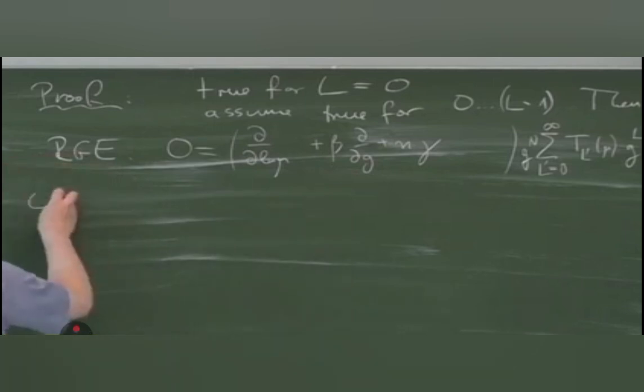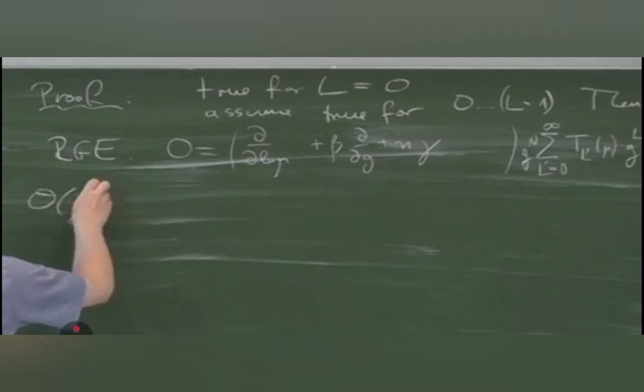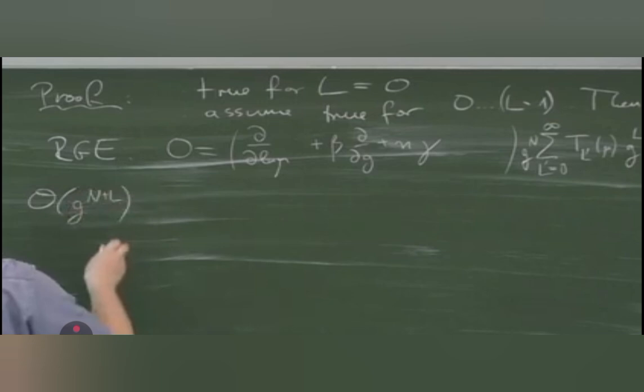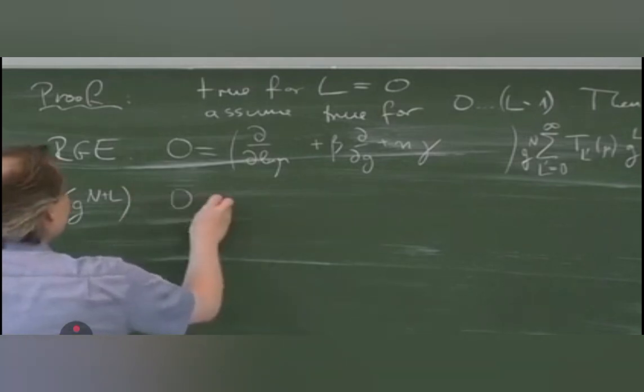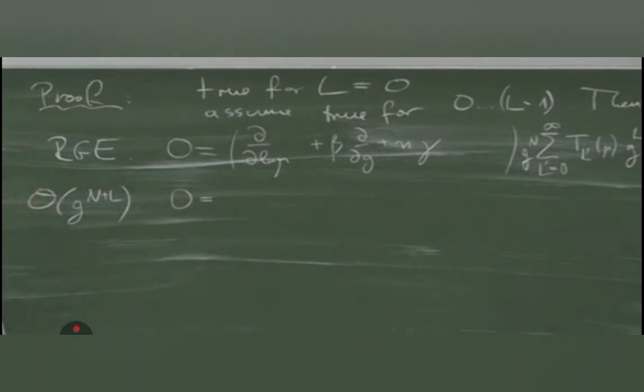So simply let us look at the order n plus L. That is the next order that we need. The beta function has already reached the order of the coupling. So let us isolate all the terms in the equation of that order.